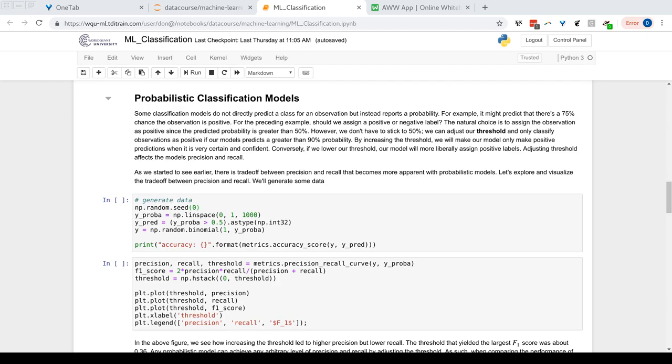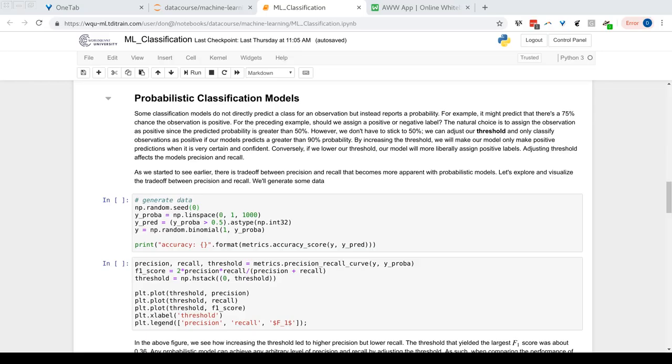If it's less than 90%, I'm going to say it's not a cat. I want to be very certain. I want to be very precise in my observations, in my predictions, in my classifications. So what we see here is that we don't have to use this 50% threshold. We can use a different threshold. We can use something higher.